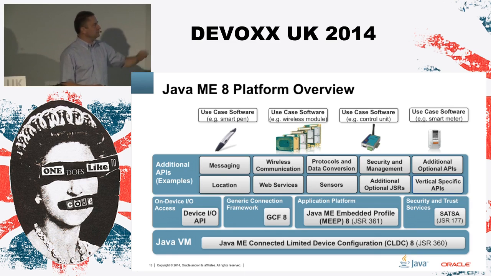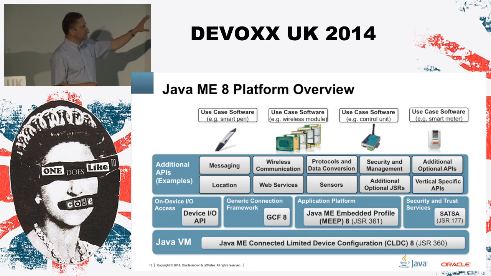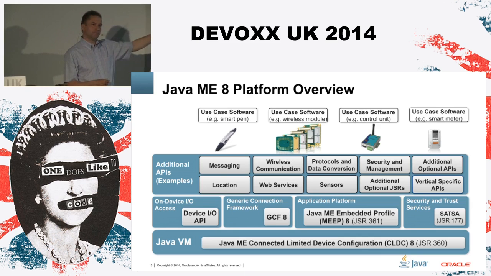So we've got the Java ME embedded profile, the Java ME EP, as we call it, version 8. The generic connection framework is already part of Java ME, and we've extended that in Java ME 8. I'll talk a little bit more about that as we go through.